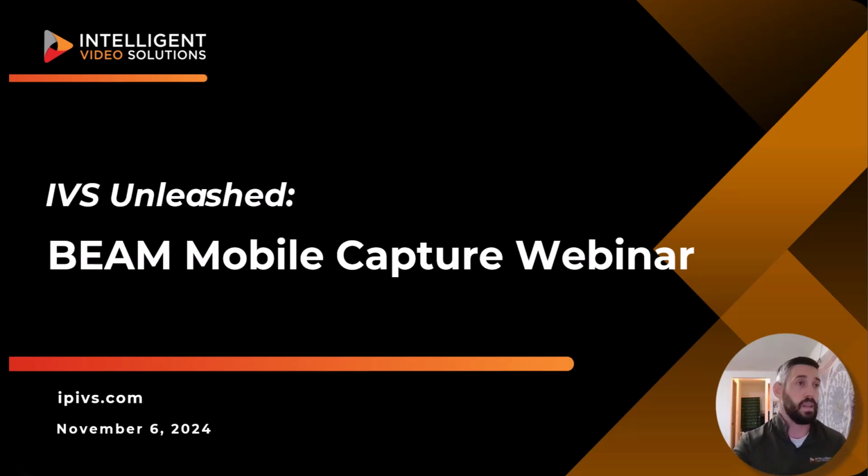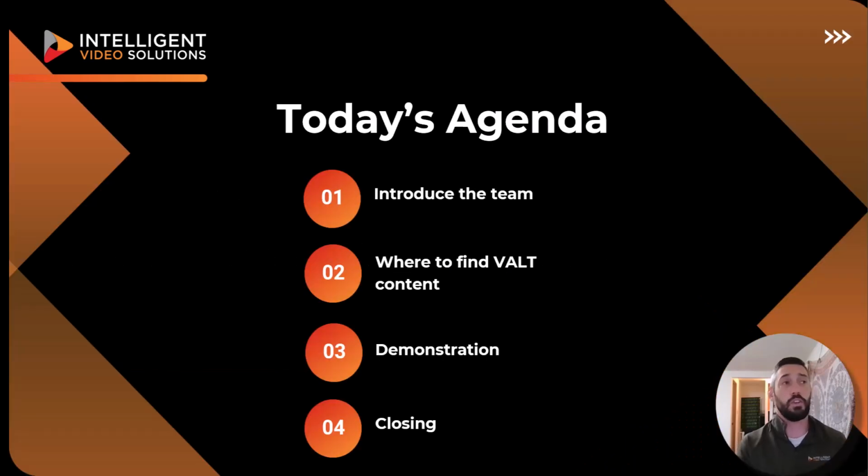But before I get too ahead of myself, let's talk a little bit about what we'll be doing today. So today we're going to be showing Beam, our mobile companion app to our Vault application. And first I'll introduce you to the team, which is myself and my colleague who's on here to answer questions. Then I'll show you where you can find more Vault content if you want to see where we keep videos on things like user permissions or new features within the software, and also where I'm going to be storing this webinar once we're done with it.